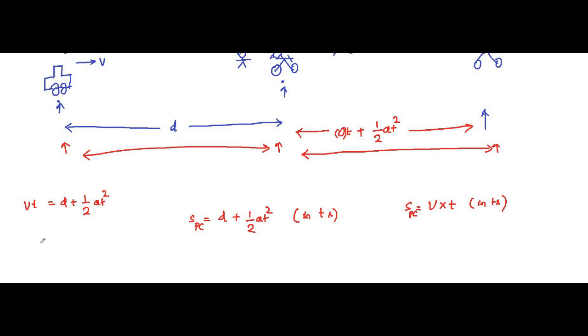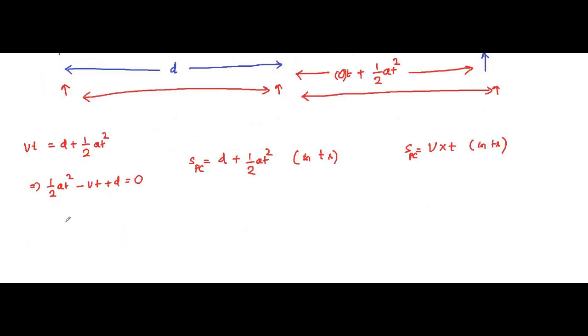So what we'll do, we'll write that implies 1 half at square minus Vt plus d is equal to 0. That implies multiplying 2 throughout, it will be at square minus 2 Vt plus 2d is equal to 0.